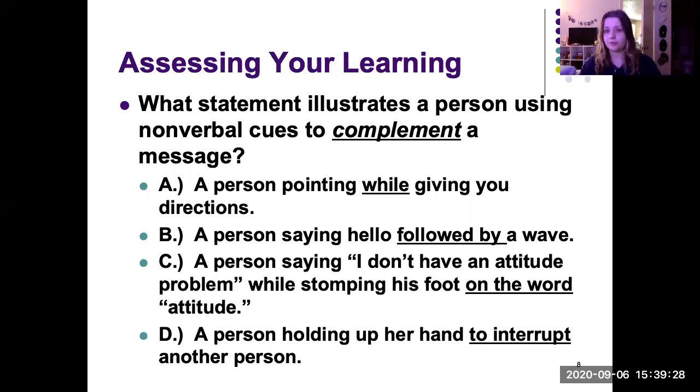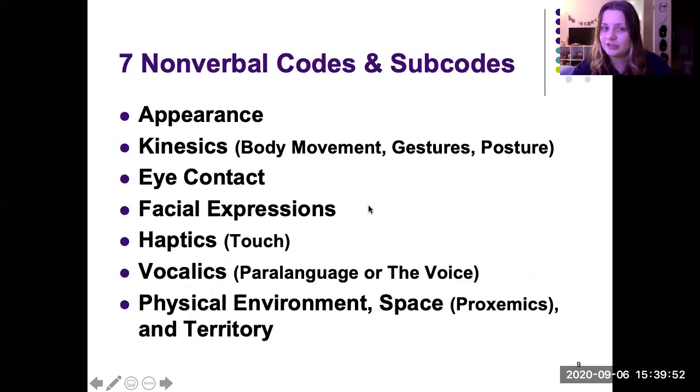So they are nonverbal messages complementing their verbal message to give a clearer and more concise meaning, versus accent would be C, if you can kind of see the differences now. In accenting, it emphasizes the message, versus complement makes the message clearer. I hope this example question helps distinguish the two.